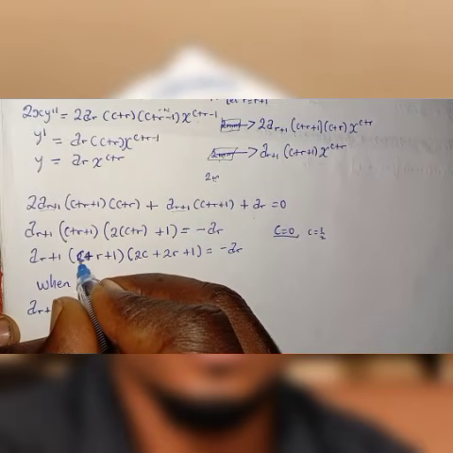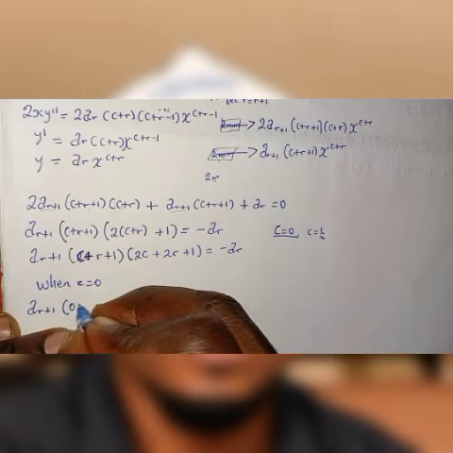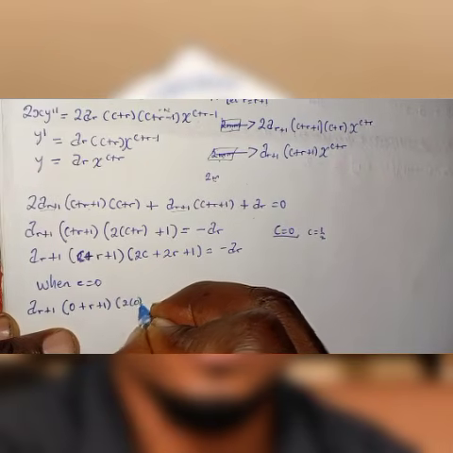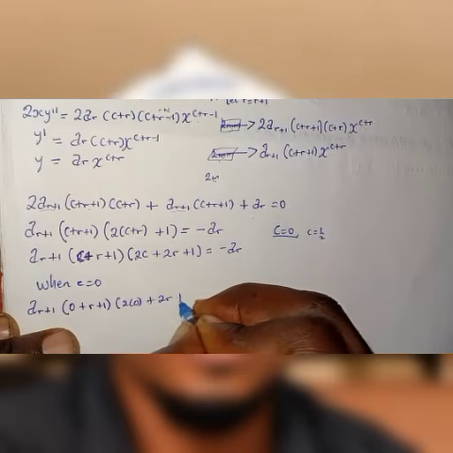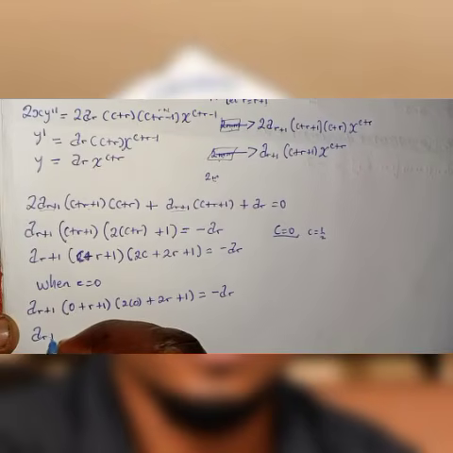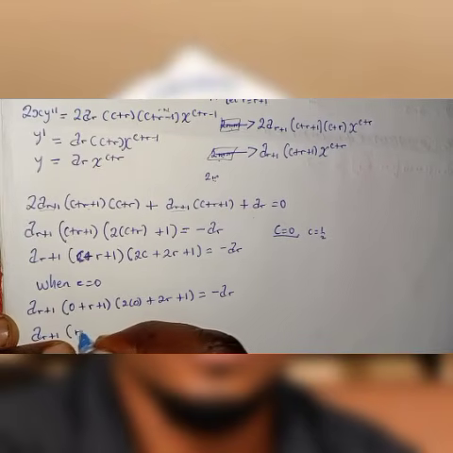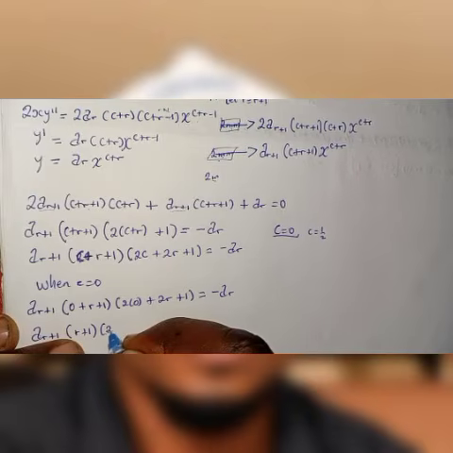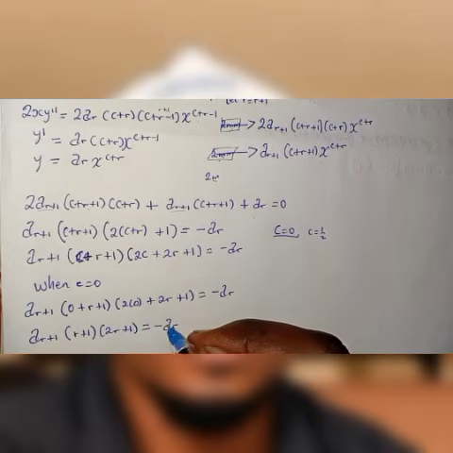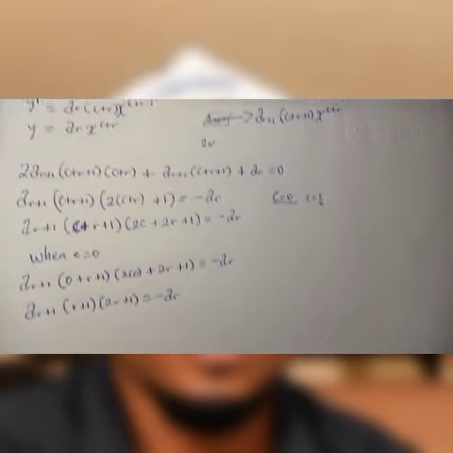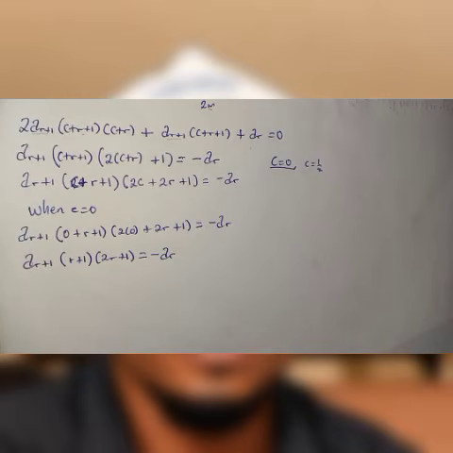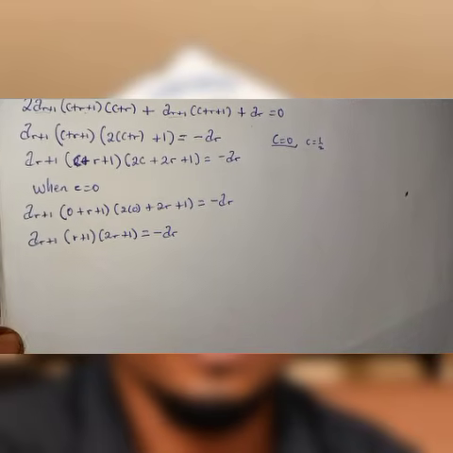If I put 0 here, we have 0 plus r plus 1, 2 multiplied by 0 plus 2r plus 1 equals to minus a_r. a_{r+1} times r plus 1. Then this will be 2r plus 1 equals to minus a_r. I hope you understand. If there is any question, you can type it in the comment section. Then I will come back to explain.